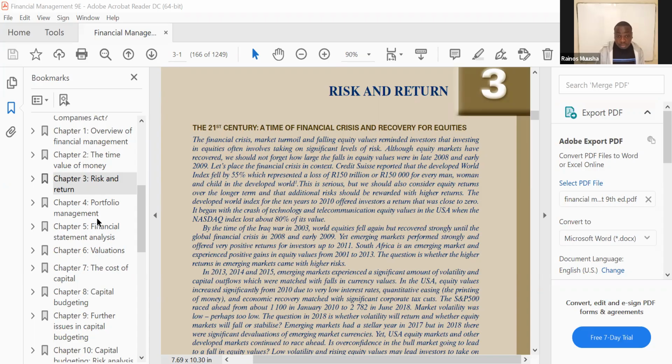Remember, the same textbook is used for FIN2601, FIN3701, and FIN3702. So when you were covering those sections or chapters, there was some material in the textbook which was not necessarily deemed relevant for the curriculum.